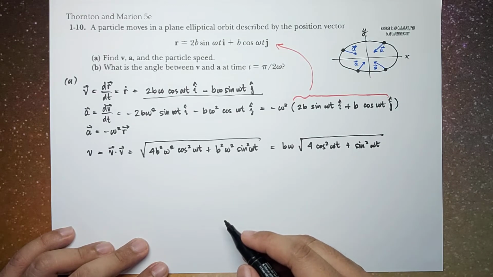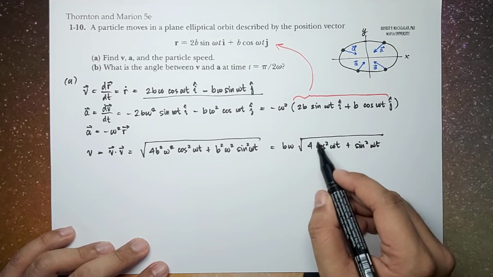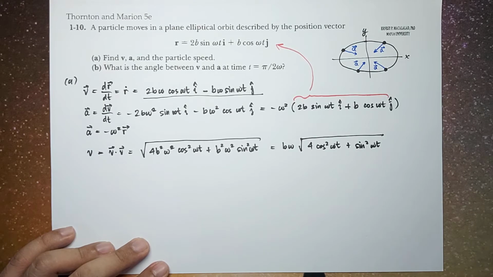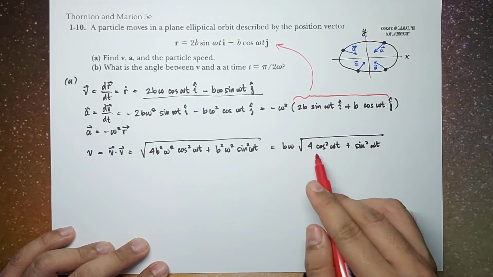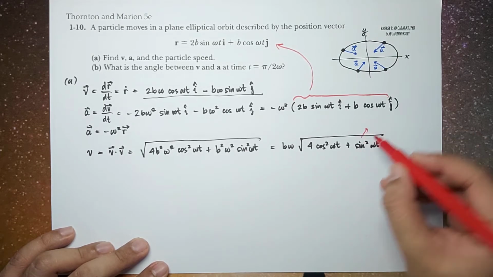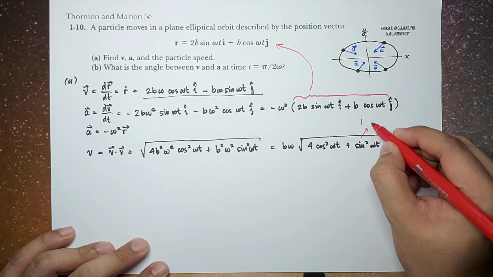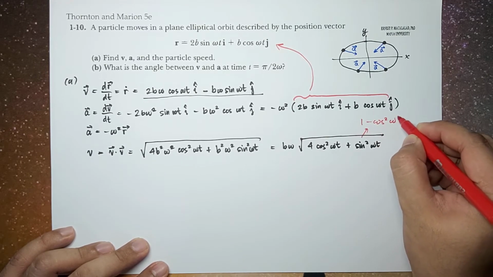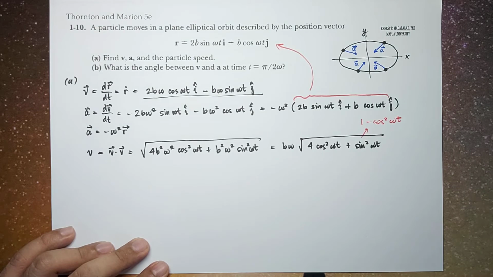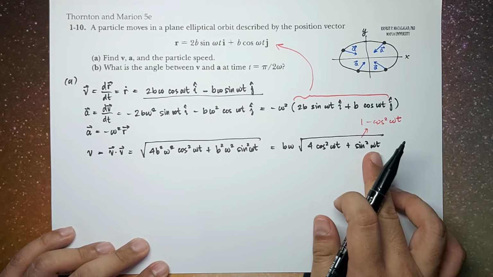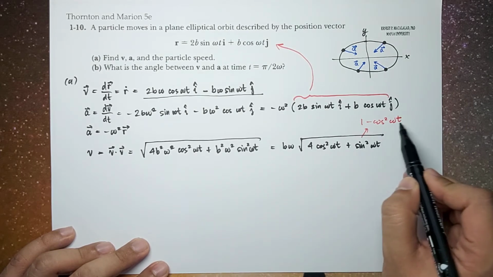We can express this in terms of only cosine, because sine squared becomes 1 minus cosine squared omega t.